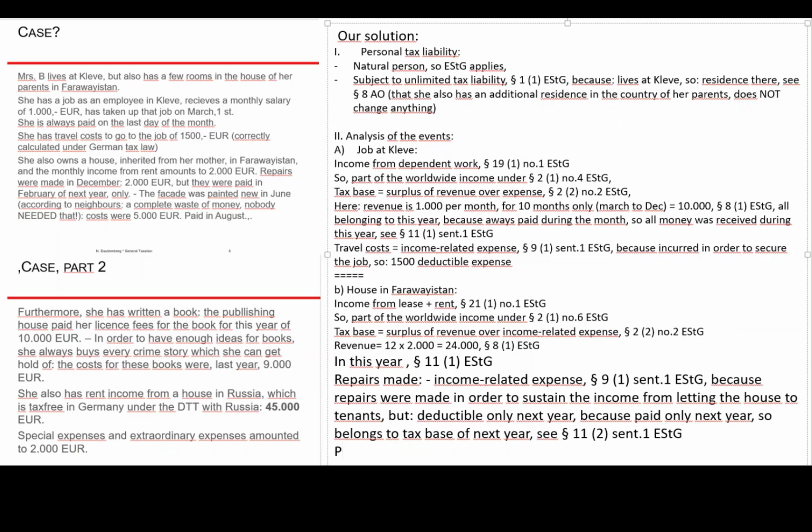Then painting the facade. Now, if I paint the facade of a house which is entirely used for tenants, this probably has no private motivation, so it's income related expense, because for my private consumption this has no importance at all.